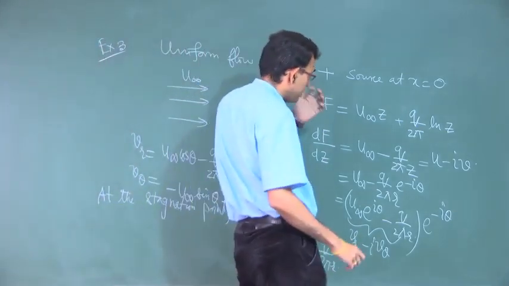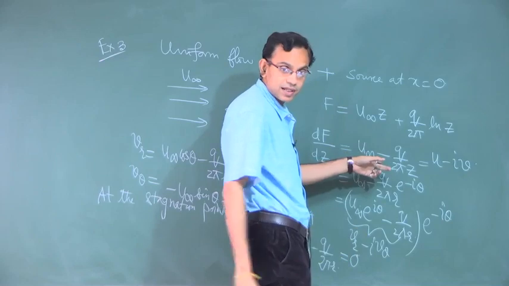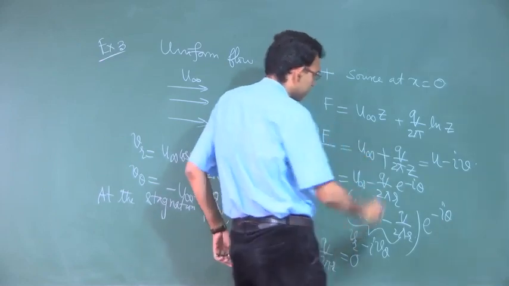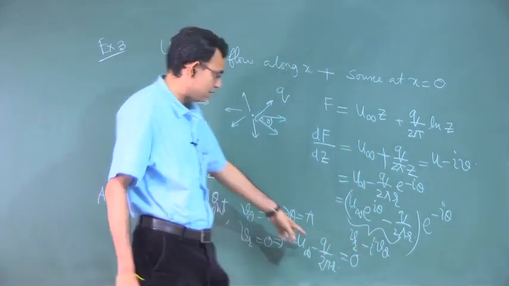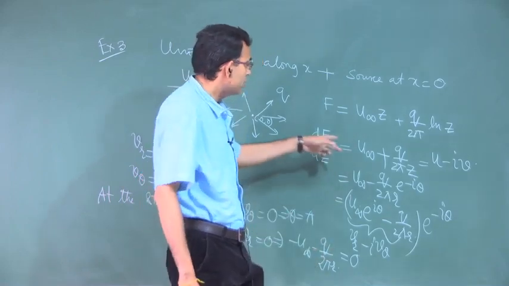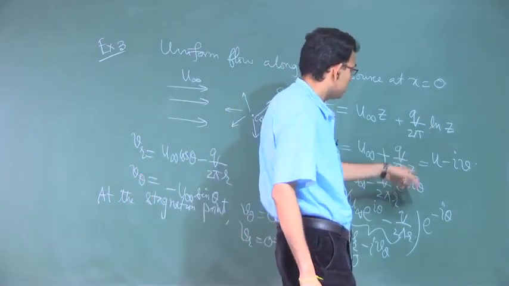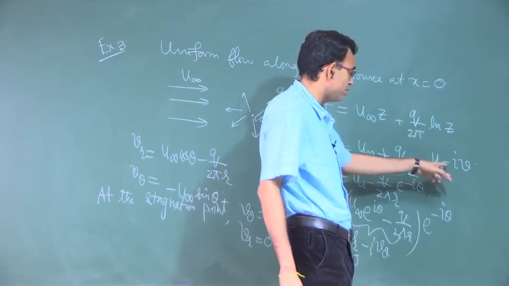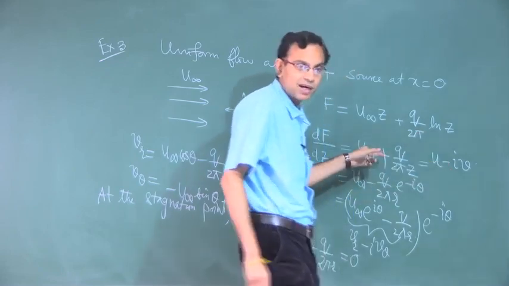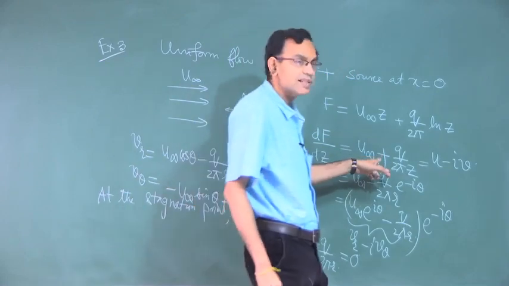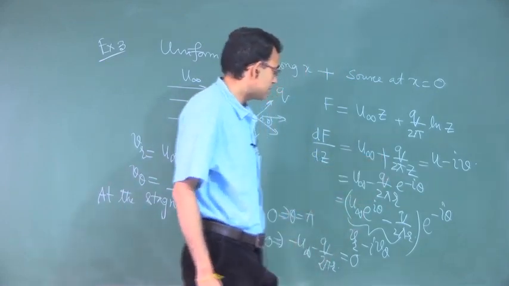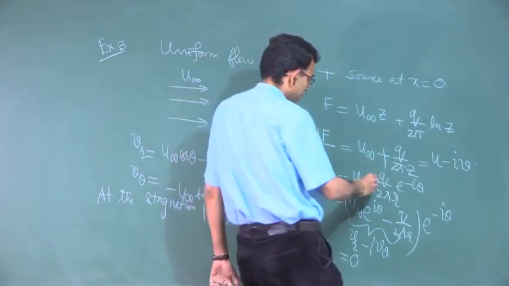I think I have made a mistake here, this should be plus, right. It is just that the minus sign was coming in from before. So, df dz is u infinity plus q by 2 pi z, just correct it.